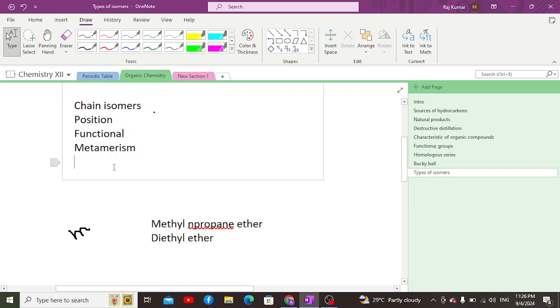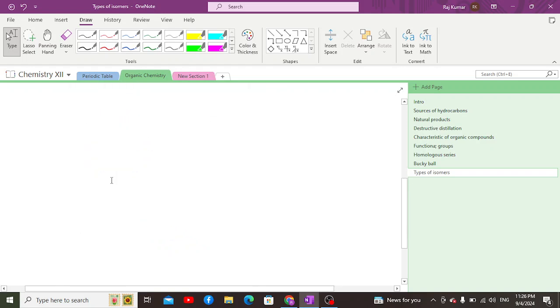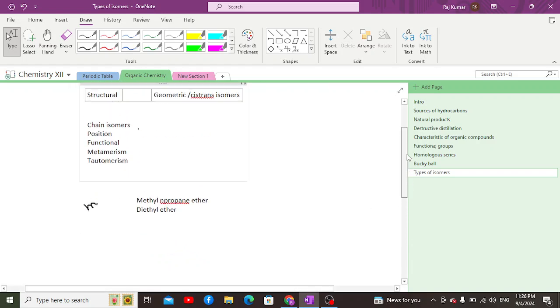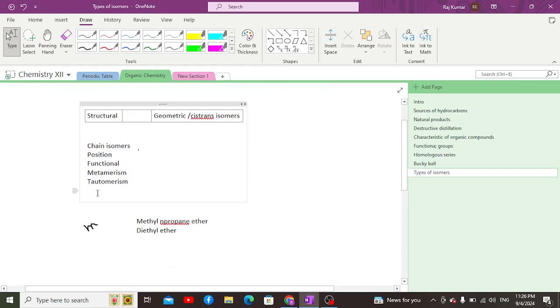On the other side, the fifth and last one is tautomerism. Tautomerism or tautomerization is a process in which the organic compound has a naughty hydrogen atom, which is known as the mobile hydrogen atom.